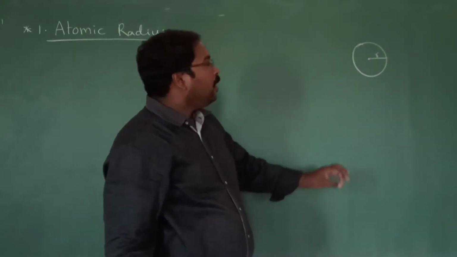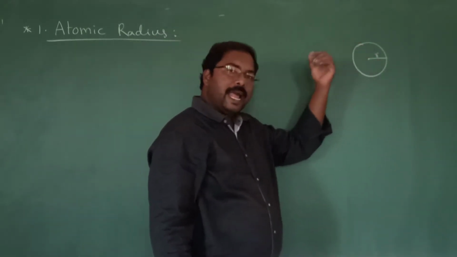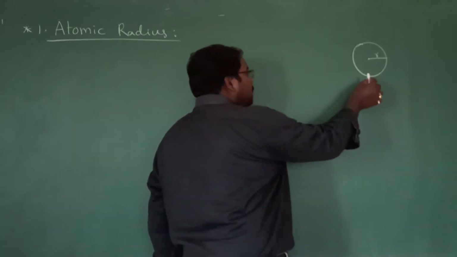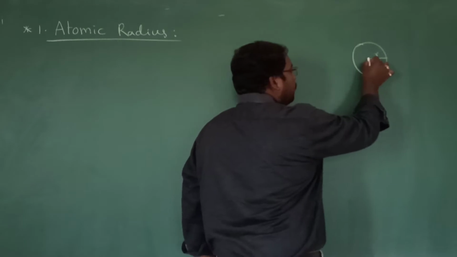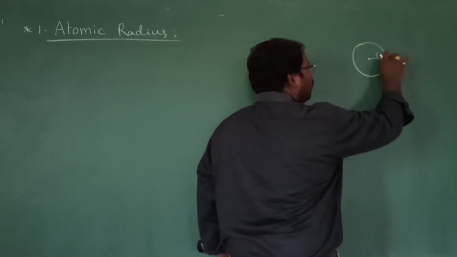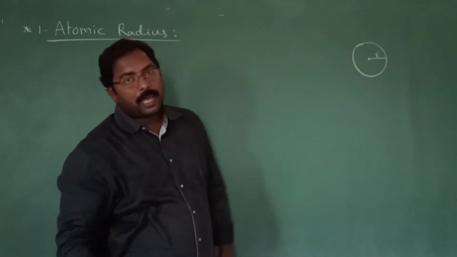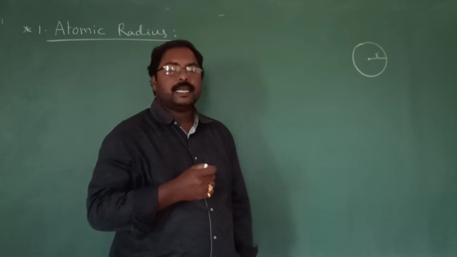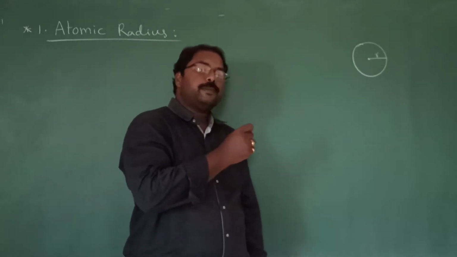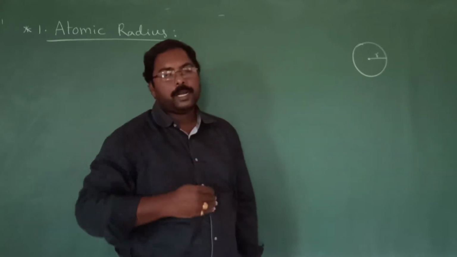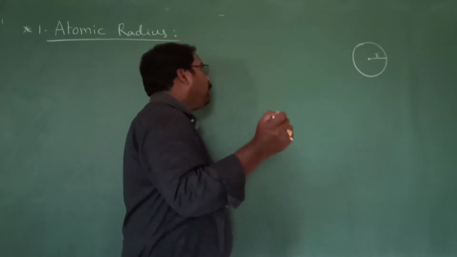Now coming to the radius of an atom, atomic radius means the distance from the center of the nucleus to the outermost orbit of an atom. So we can define the atomic radius as the distance from the center of the nucleus to the outermost orbit of an atom. Note it down in the notes.